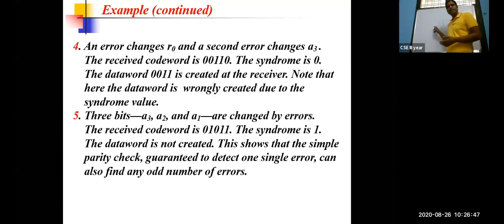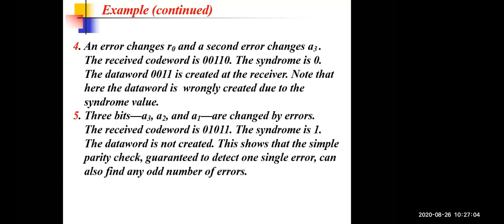The syndrome calculated or checked is 0, where the data word is wrongly received, is wrongly created. So what will be the data word created on the receiver side? 1001. But what was the actual data word sent? 1011. That's the problem with simple parity check.